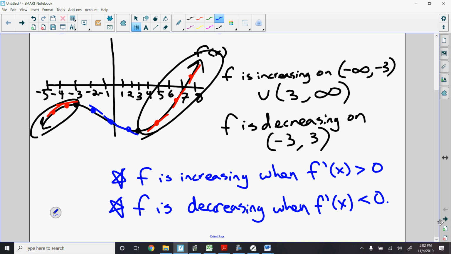Let me show you an example of what I mean and how we can do this without a graph.